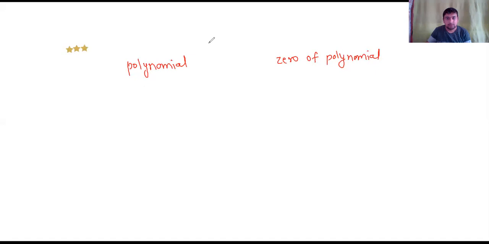See here, first we have taken a linear polynomial. So how many values of zero did we get? 1. Next, we have seen a quadratic polynomial also. So for a quadratic polynomial, how many zeros did we get? We got 2 values of the variable which make the polynomial 0. So zeros will be 2.